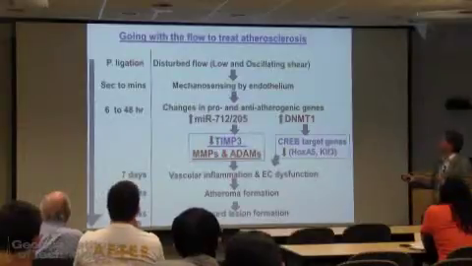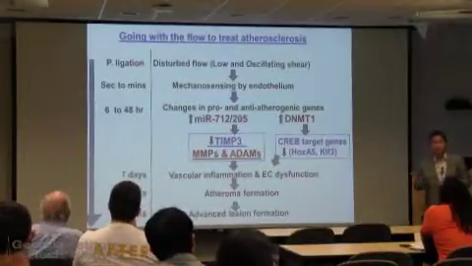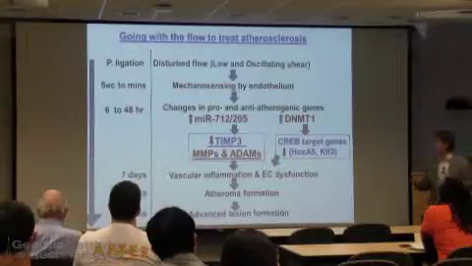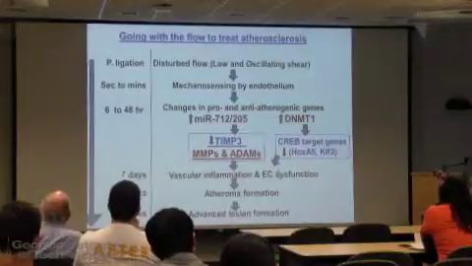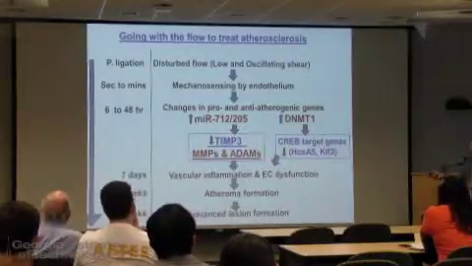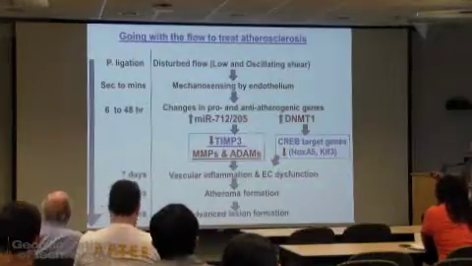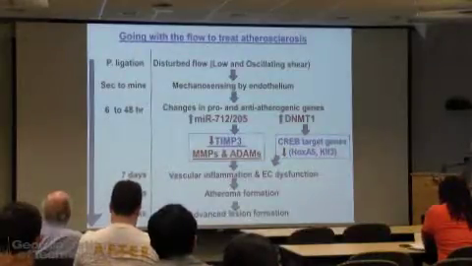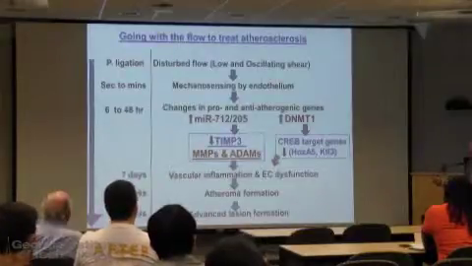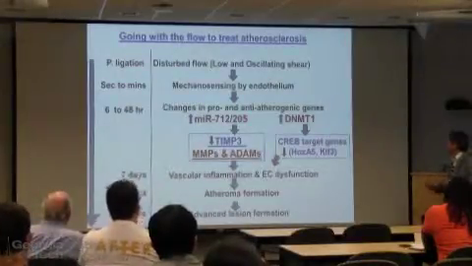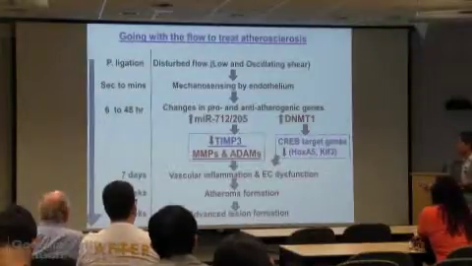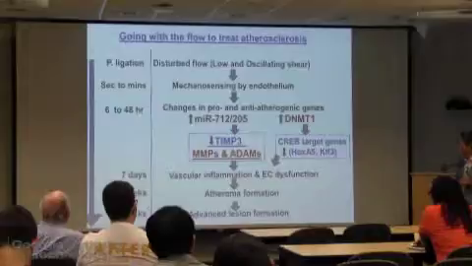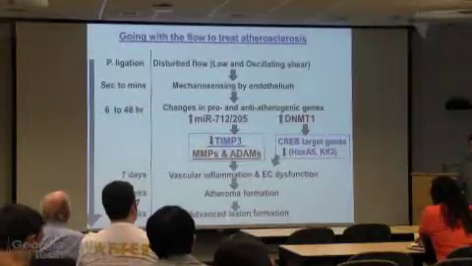So in summary, this is what we have done. We are going with the flow to understand atherosclerosis and to develop new anti-atherogenic therapies. We showed that partial carotid ligation induces flow disturbance, which is sensed by endothelial cells immediately, that leads to changes in pro and anti-atherogenic genes, including Meo712 and DNA methyltransferase 1, that subsequently lead to changes in TIMP3 and MMP activities, as well as some target genes, leading to endothelial dysfunction, atherosclerosis formation, and advanced lesion formation.